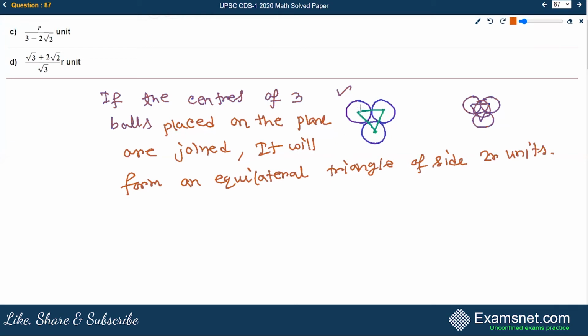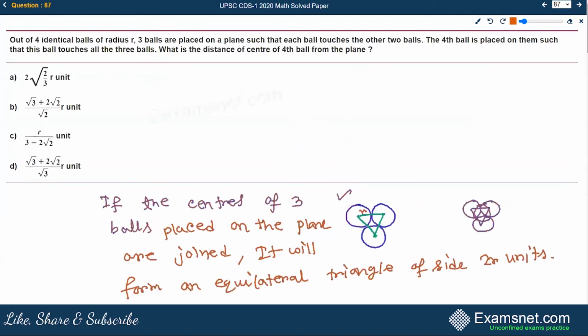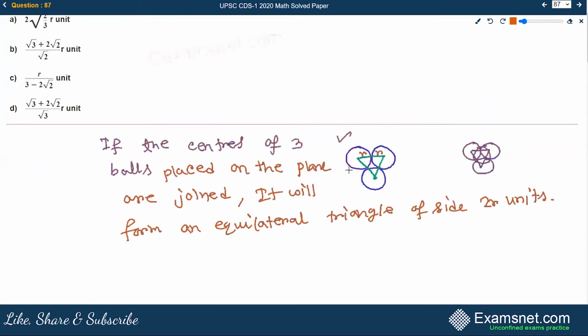How? Look here, this is r unit. They are all identical balls. That means their radius is same. So r, r, r, r, r. So each side becomes 2r units.